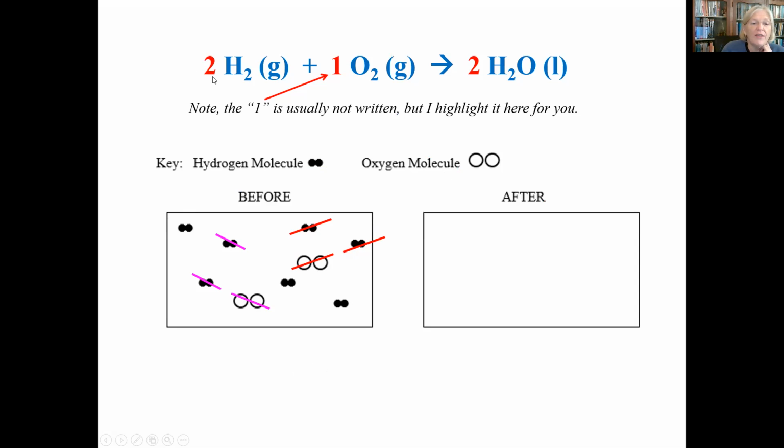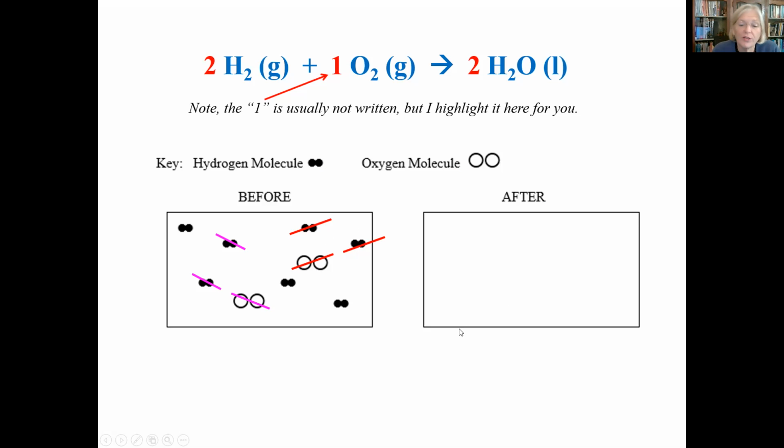I would like you to see that these molecules in the reaction chamber before it occurs react in a 2 to 1 ratio. So for every 2 hydrogen that I cross off, I need to cross off 1 oxygen and make 2 water. Cross off 2 more hydrogen molecules and 1 oxygen molecule and make 2 waters.